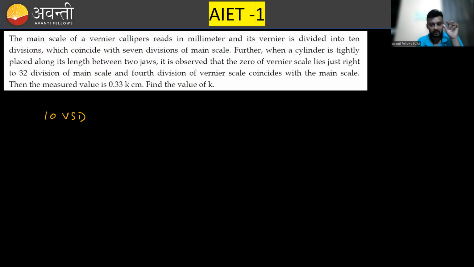There is one vernier scale which has small divisions, and one main scale. There are jaws there. So the question says 10 vernier scale divisions are equivalent to 7 main scale divisions. This is a very important line.